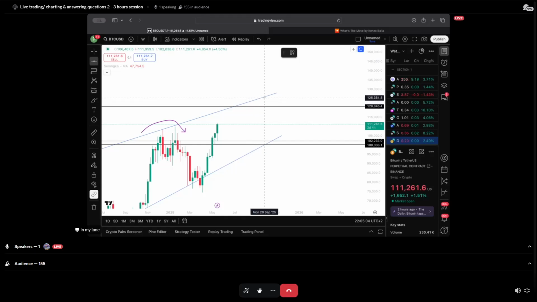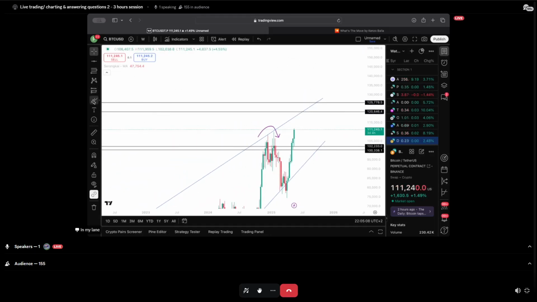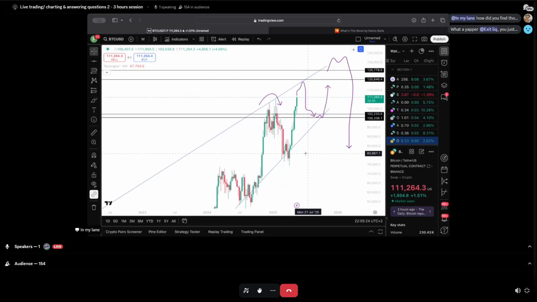But we have also resistance here. So our current range we're in, what I'm expecting in the coming weeks would be like up here, then retest the trend line here, back up, then down, break it down.